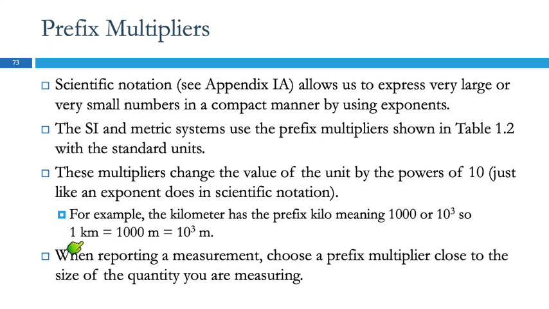So 1 kilometer is 10 to the 3 meters. So we make the sizes of the units bigger or smaller by factors of 10. We use the same prefix multipliers for all the units, and so there's a lot less to remember. So we always want to choose a prefix multiplier that's going to be similar in size to what we're measuring. There's also some practice about this on the worksheet.